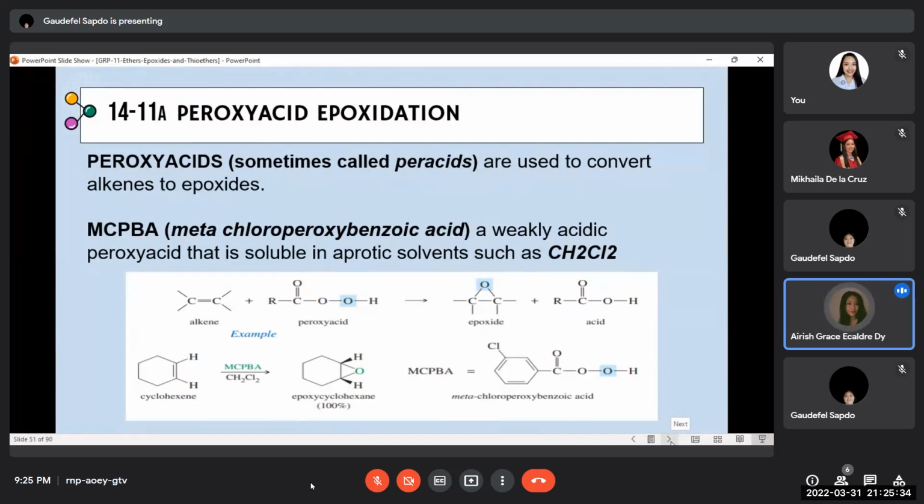When the alkene and peroxy acid react, it converts to epoxide, as shown in the picture. The example below is a cyclohexene that will be explained in the next slide. However, MCPBA looks like this next to the example.